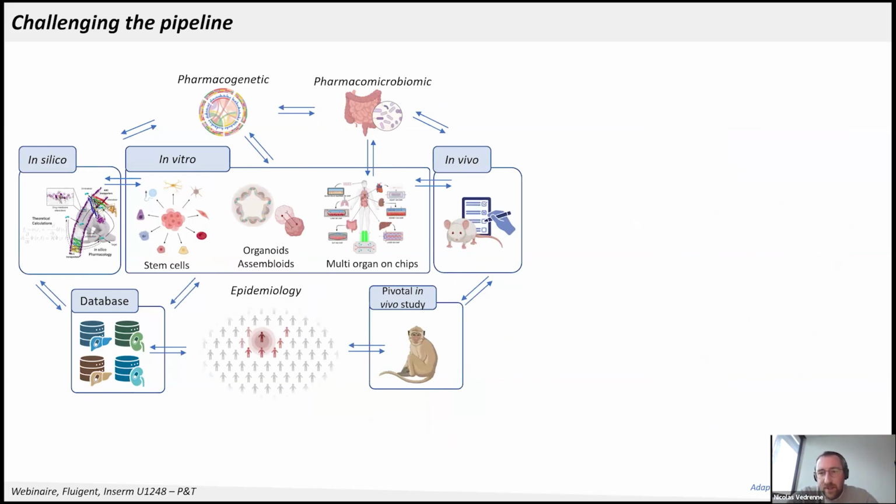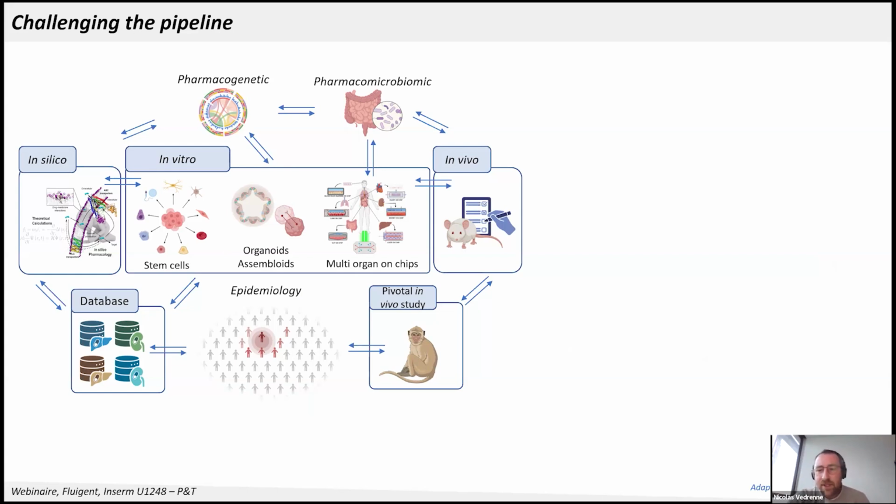So that's true, now the field of pharmacology and drug development is going through a major change. Traditional approaches, which mainly depend on animal models and static in vitro tests, are now being replaced by dynamic human reference systems that combine, for the in vitro part, for example, new stem cell models but also organoids, and now we have the emergence of assembloids and, of course, the multi-organ-on-chip.